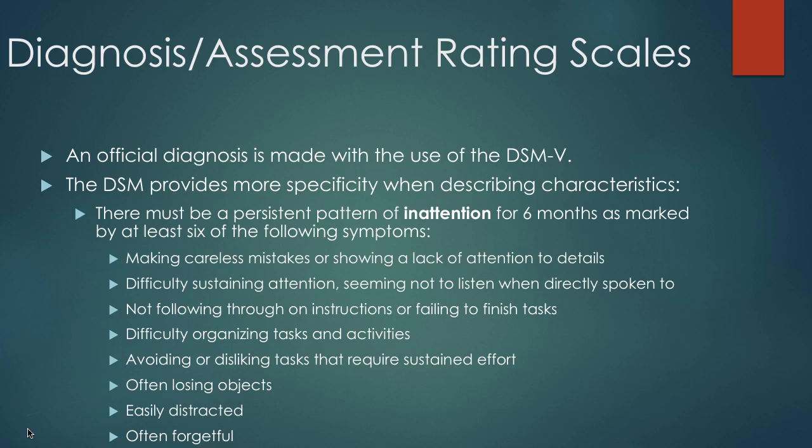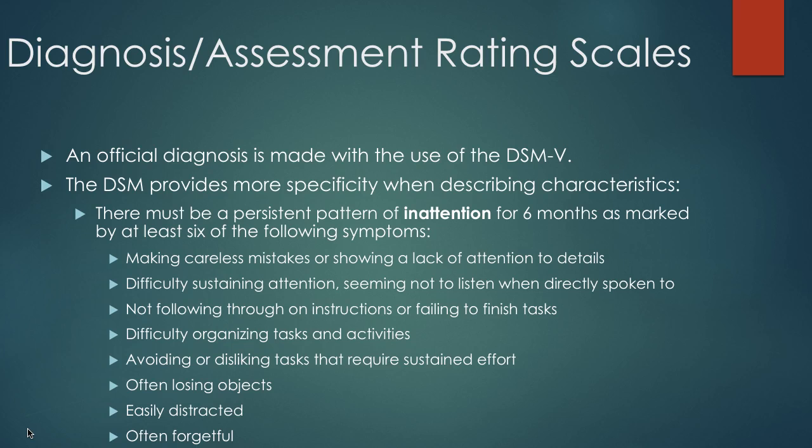There must be a persistent pattern of inattention for 6 months as marked by at least 6 of the following symptoms: making careless mistakes or showing a lack of attention to details, difficulty sustaining attention, not following through on instructions or failing to finish tasks, difficulty organizing tasks, avoiding or disliking tasks that require a sustained effort, often losing objects, and they are also easily distracted and forgetful.